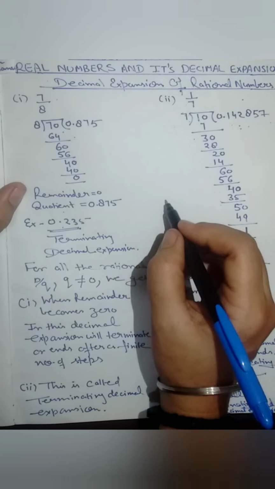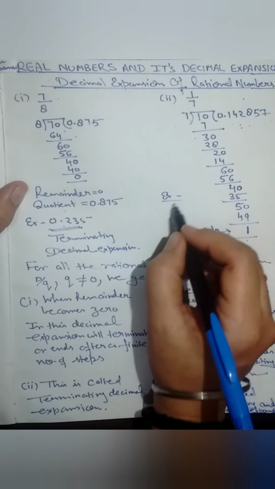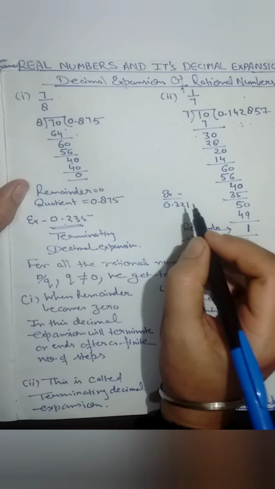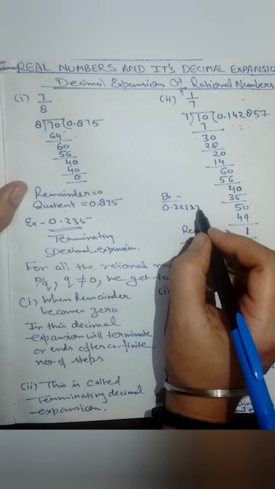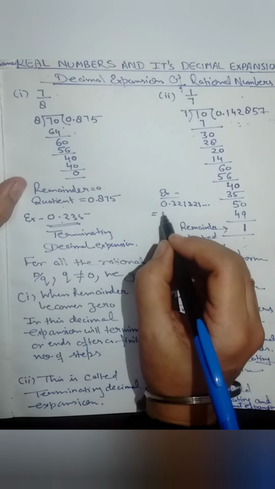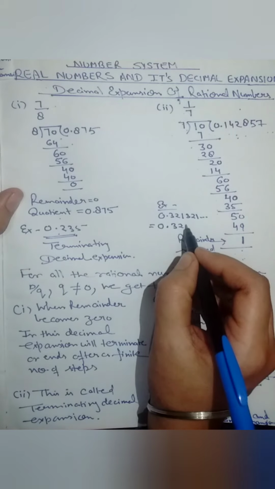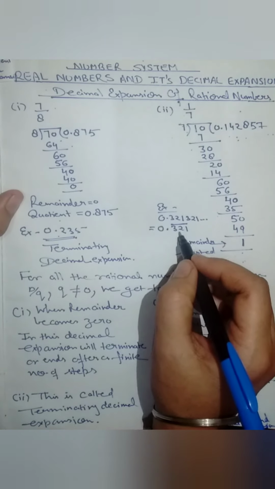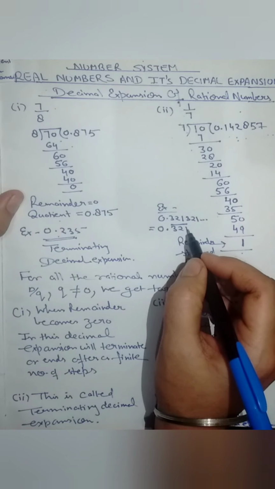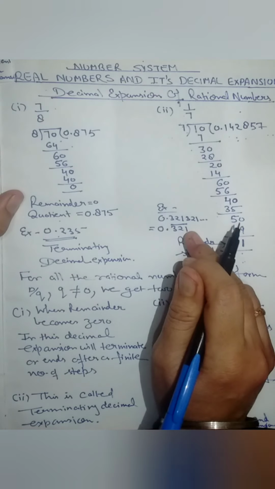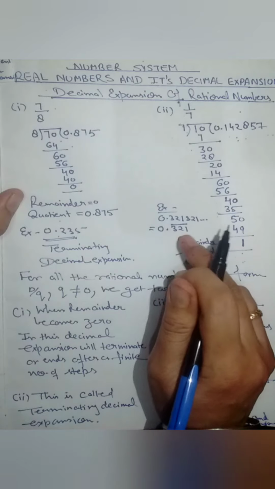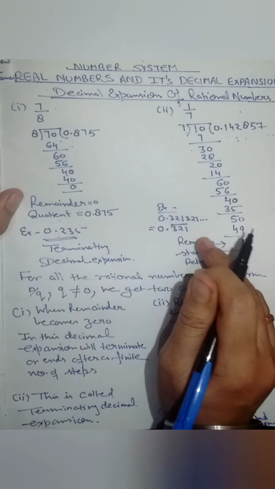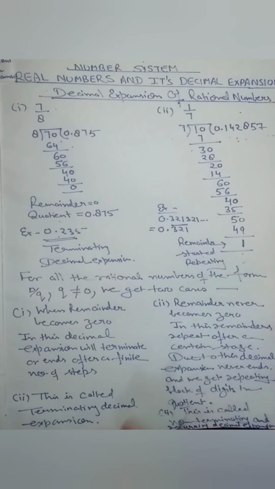And suppose we write here as an example 0.321321, and so on. We can write it like this: 0.321 bar. This bar means these digits are repeating again and again. So this decimal expansion is called non-terminating repeating decimal expansion.